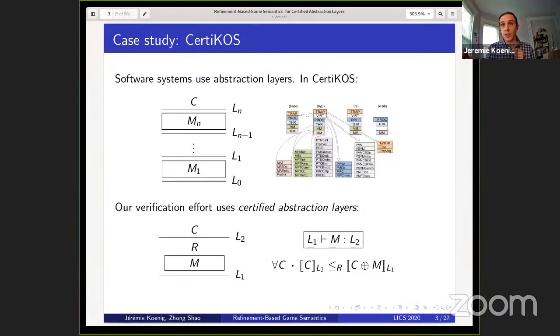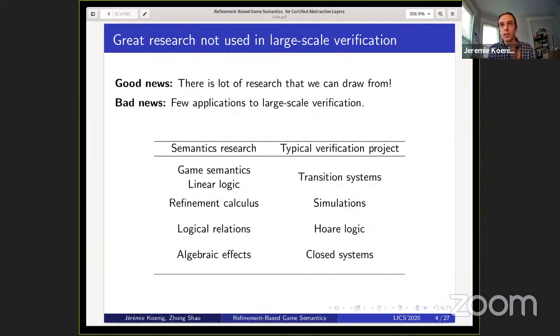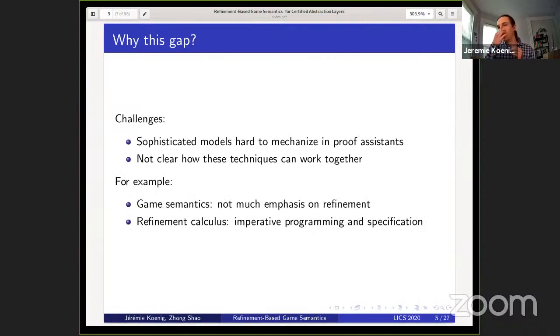Based on some ideas for certified abstraction layers, which we use in CertiKOS, we try to develop a game model that's suitable for connecting all of these components together. To do that, we synthesized various approaches.